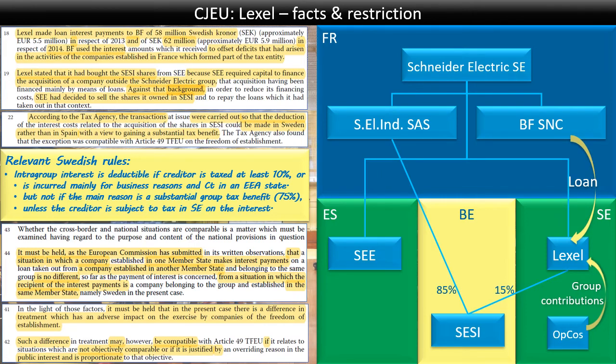Such a difference may be permissible if it relates to situations which are not objectively comparable or is justified by an overriding reason in public interest and is proportionate to that objective. But we already see the court has said, or European Commission has said, and the court has followed, that this situation is comparable. So now we need to find out whether there's any other justification.